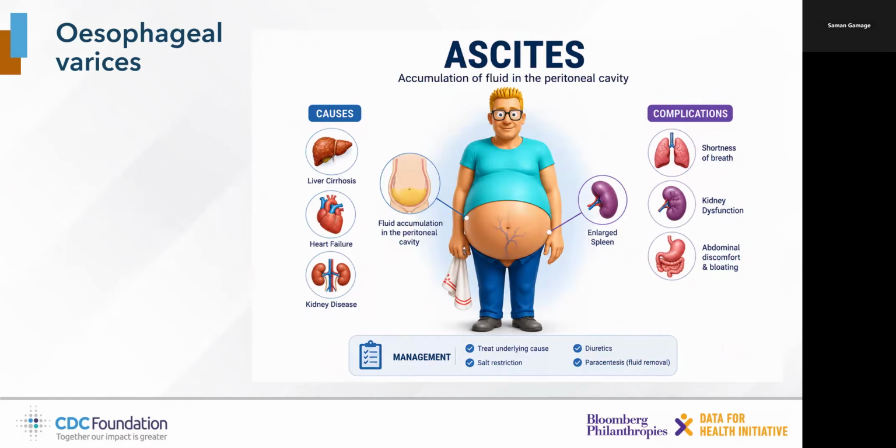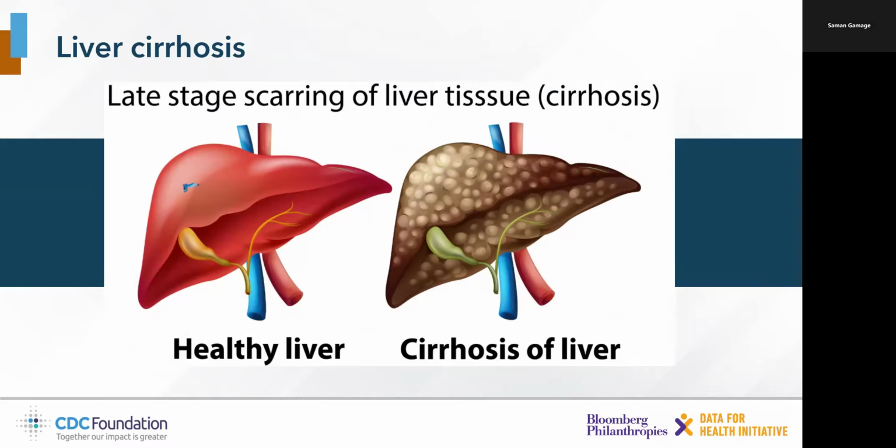So you have esophageal varices, and we mentioned ascites. When there is cirrhosis, there can be ascites, accumulation of fluid in the peritoneal cavity, and that can be caused by cirrhosis and portal hypertension. The fluid accumulation within the peritoneal cavity can be caused by liver cirrhosis, heart failure, kidney disease. And we discussed liver cirrhosis.